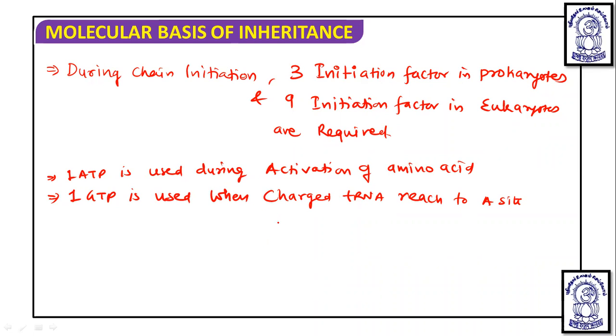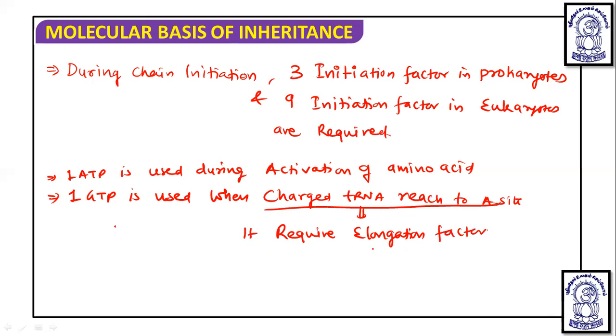Okay, and when codon-anticodon bonding occurs, one GTP is used every time a new charged tRNA reaches the A site. Now we remember when a new charged tRNA reaches the A site, it requires an elongation factor.